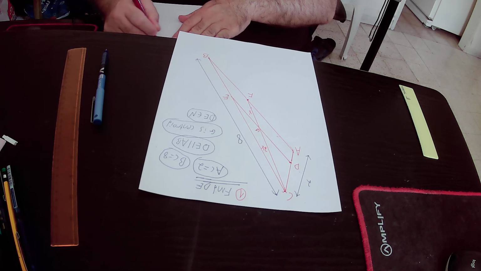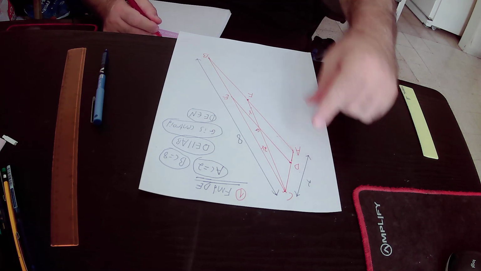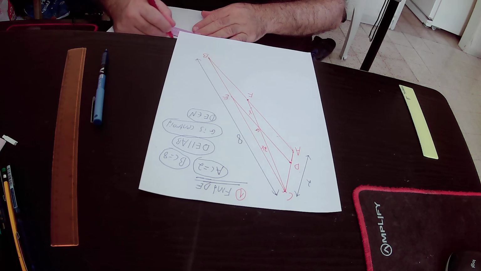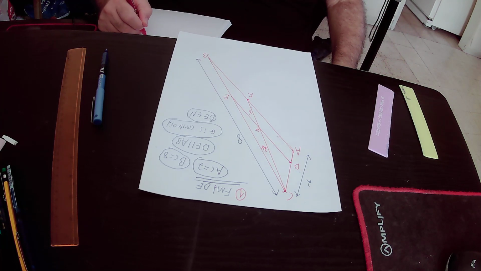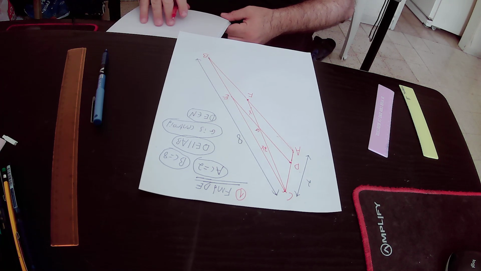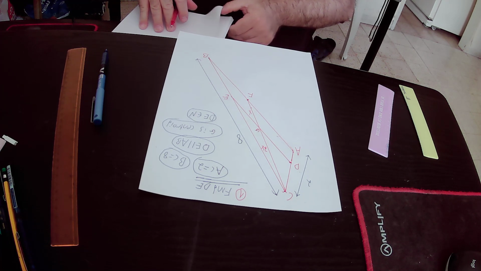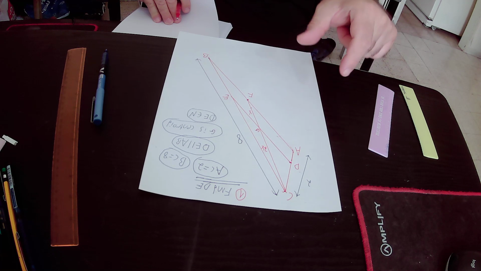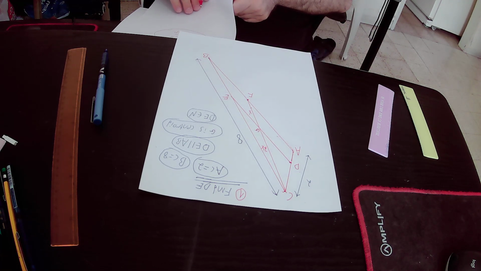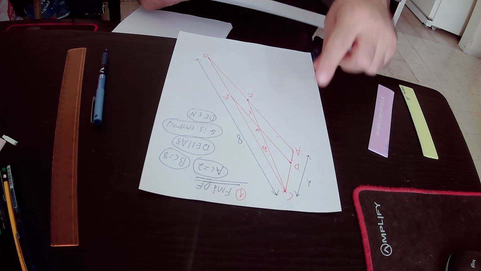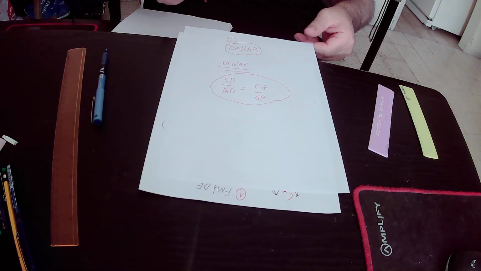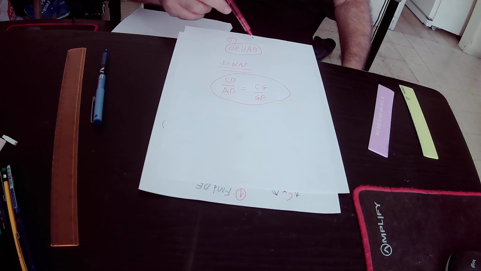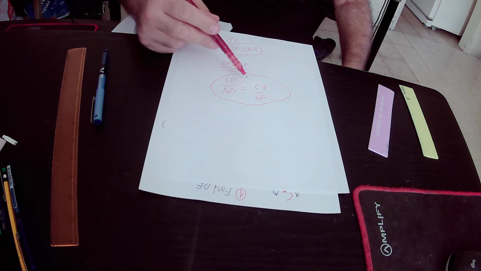Therefore, according to the second rule, CD over AD will be equal to CG over GF.